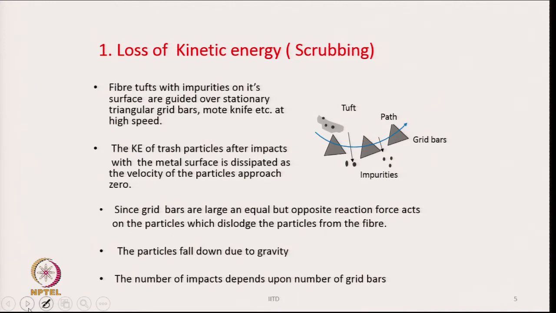If we look at this slide, what do we do here? See, in this diagram there are certain triangular bars, we call them grid bars. They are triangular iron bars, and a cross sectional view is shown here, and they have a length.